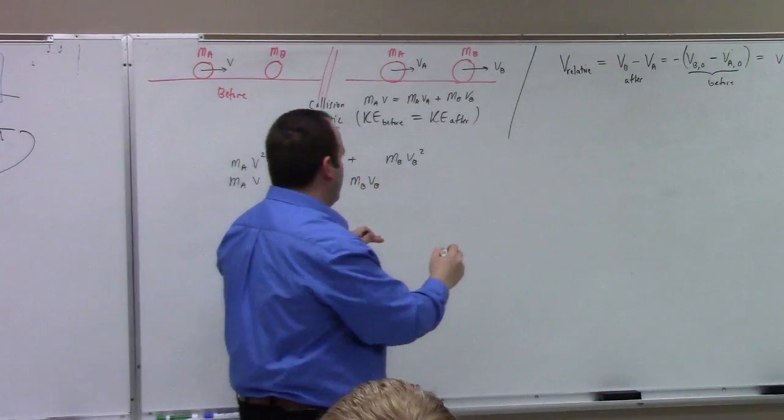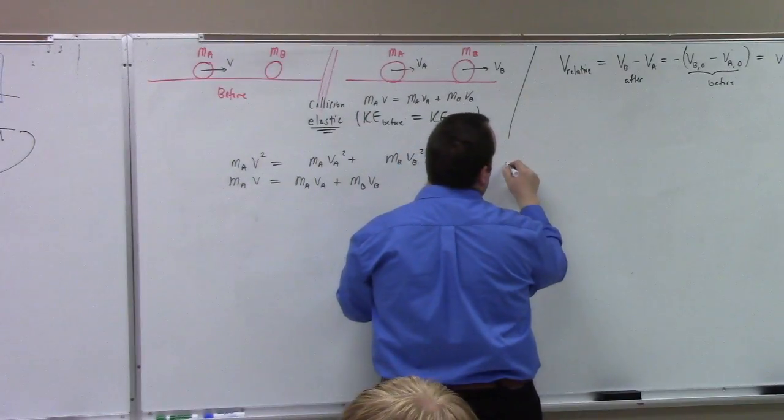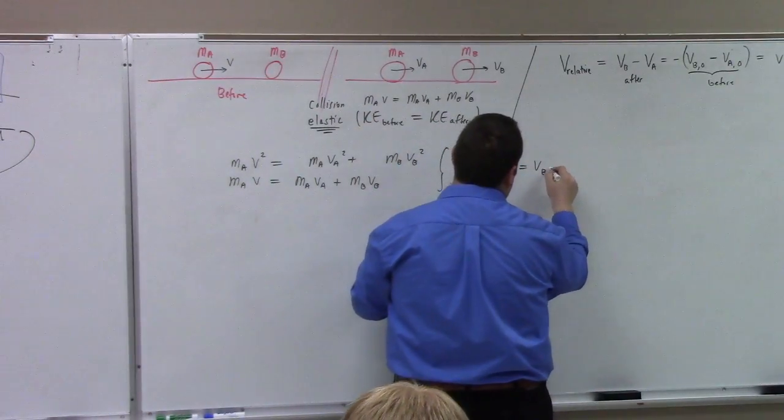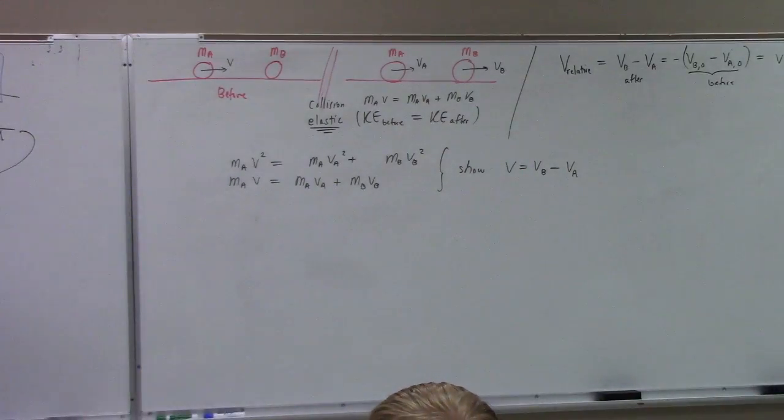I wish to solve these and show that V is equal to VB minus VA. Why did you get rid of the squares? They were never there. That's momentum conservation. These are different equations. Yeah, but that's not a bad idea.